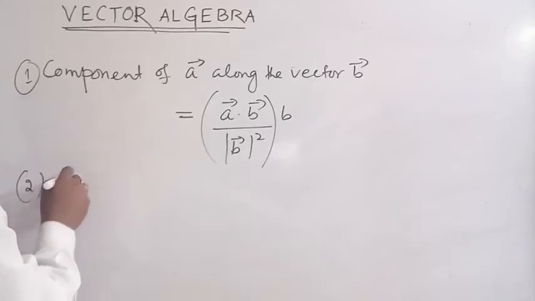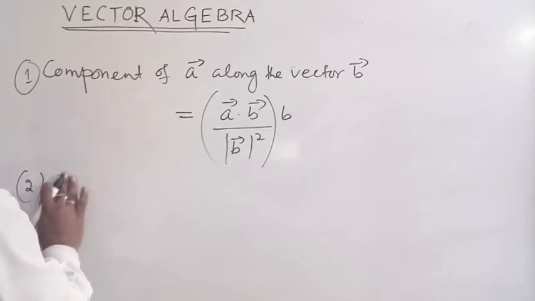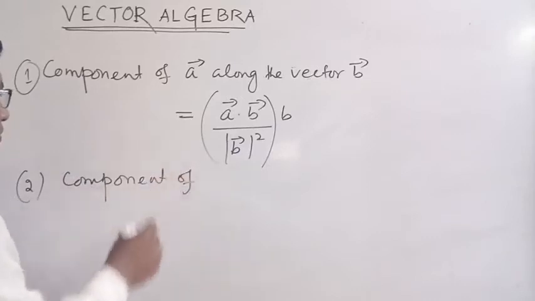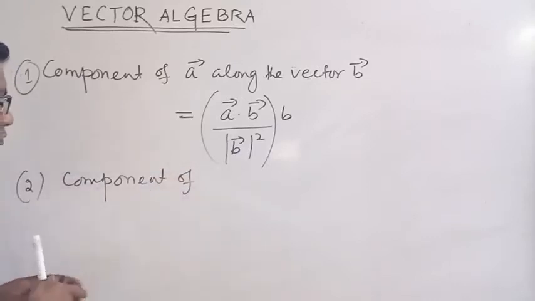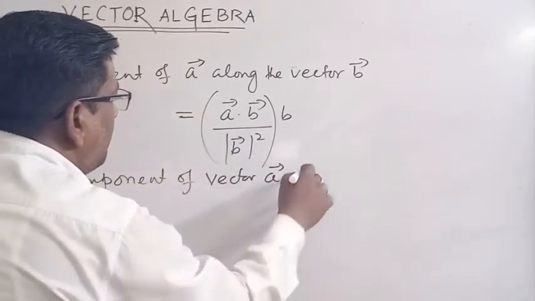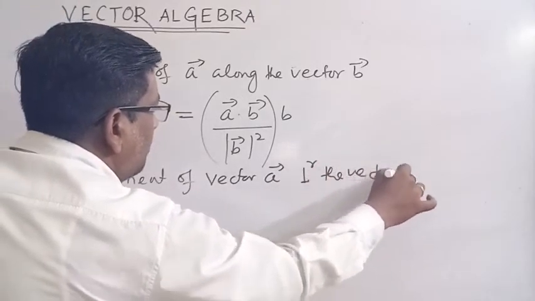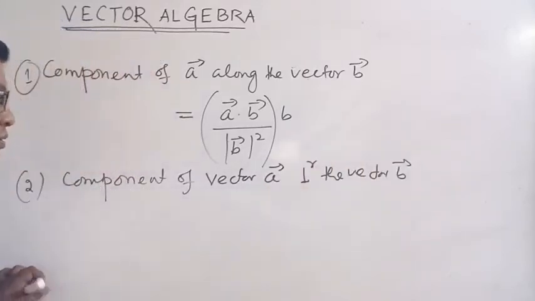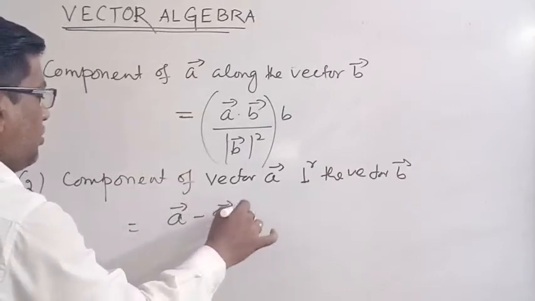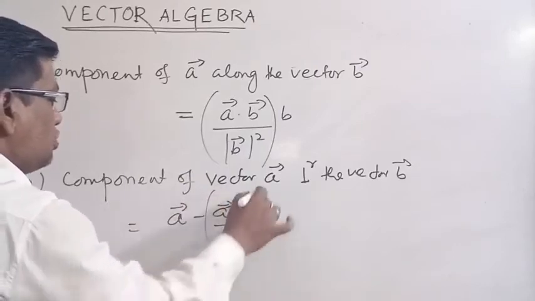Now another formula, that is the component of vector A perpendicular to the vector B. It is given by vector A minus A dot B divided by magnitude B square, into simply multiply B vector.